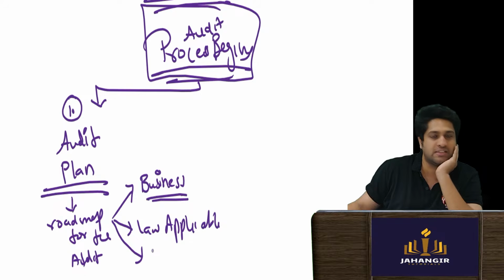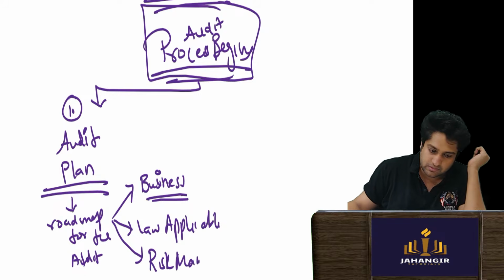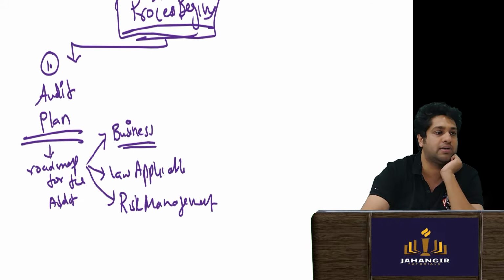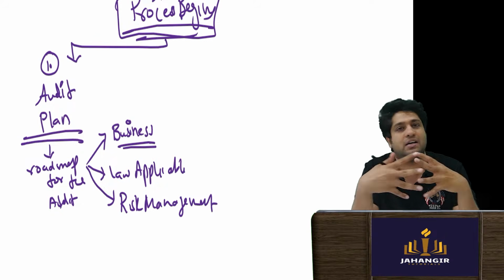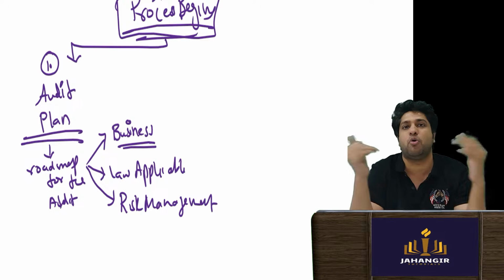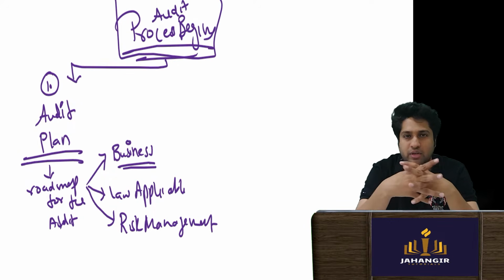I'll try to understand something called risk management. Because in an audit, depending on the type of audit, risk can be involved. A real estate company could have a black component, or a pharmaceutical company is mostly cash-oriented business.